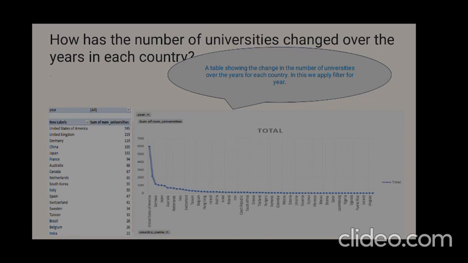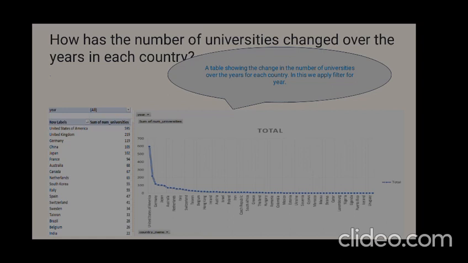Next question is, how has the number of universities changed over the years in each country? For this question, again I use two visualizations. Firstly is the table and the other one is a line chart.